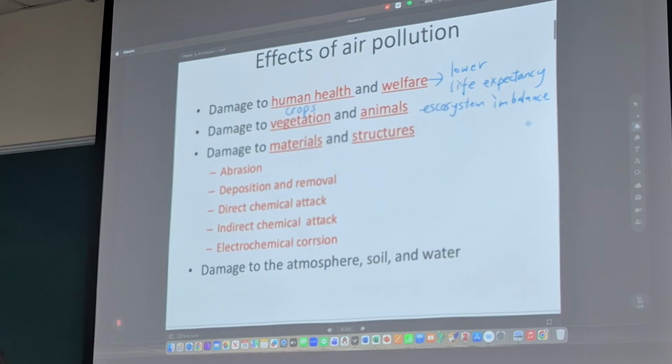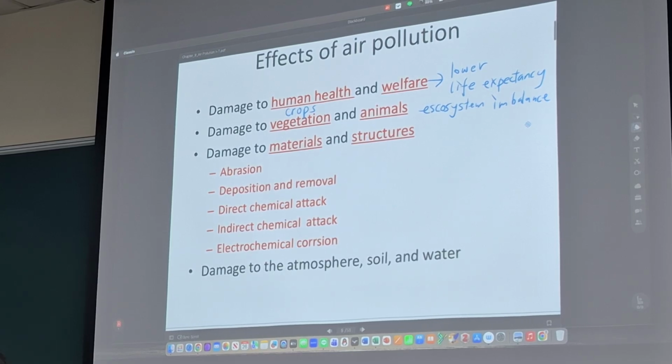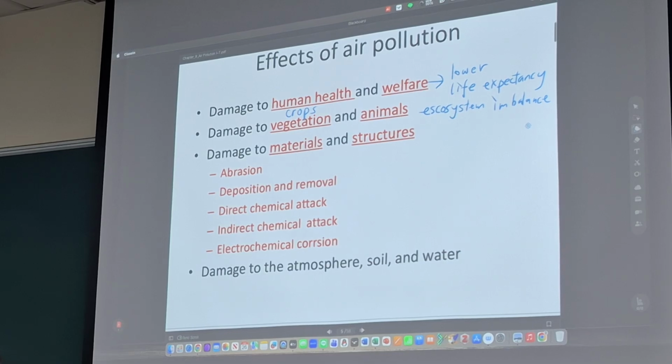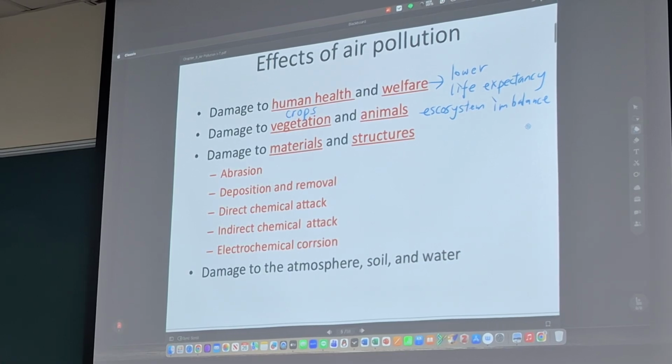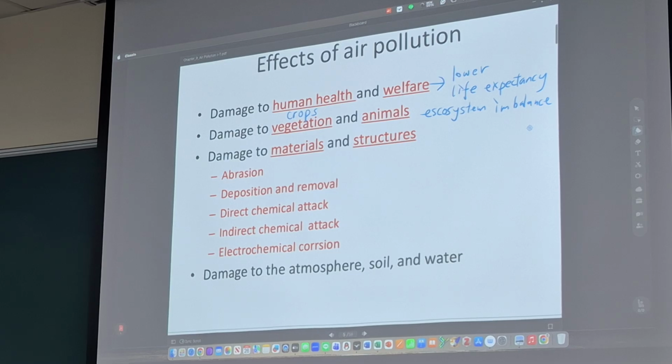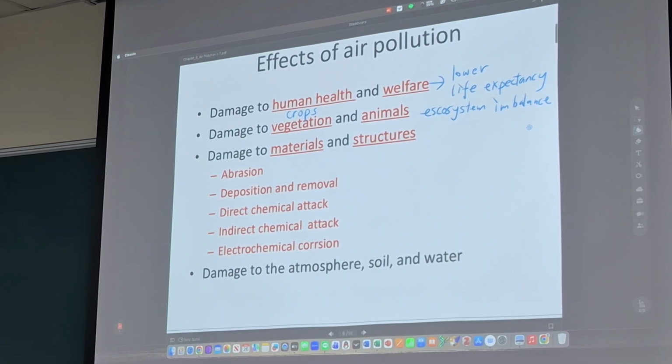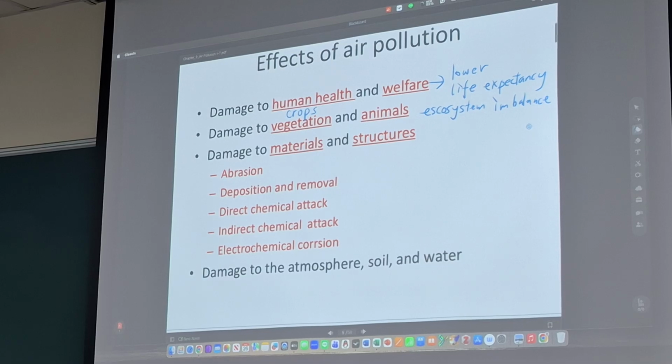And our property, those buildings, might be damaged, including abrasion. Abrasion means particles wear the surface. Deposition and removal: dust from the air will accumulate.